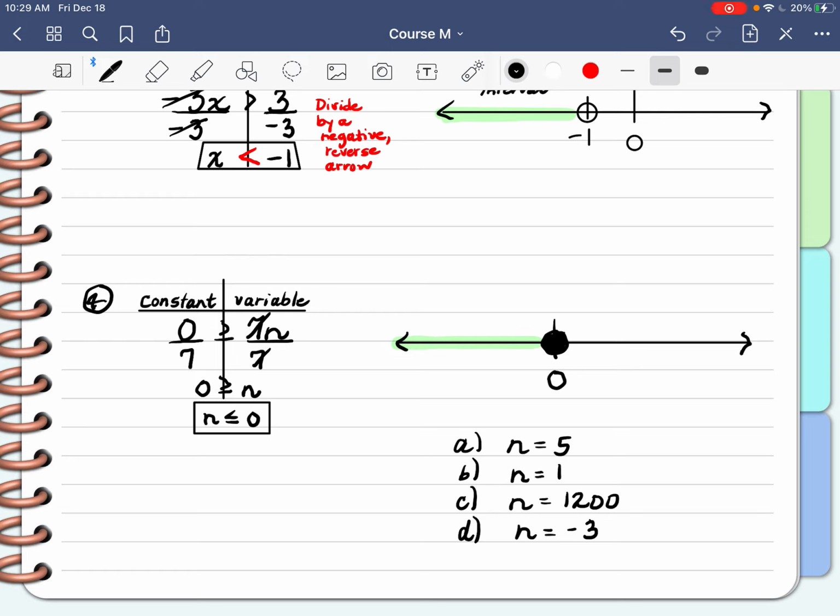Which one of those n's is in the solution? Which one of them is less than 0? Well, of all of those choices, only this one would be in that green area. So that's how they could ask you on the test.